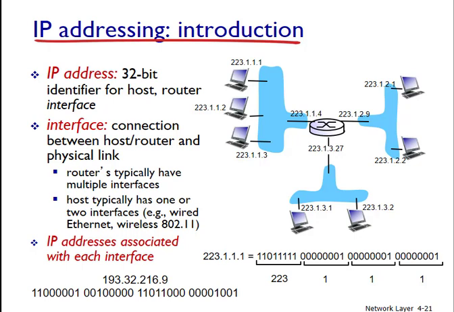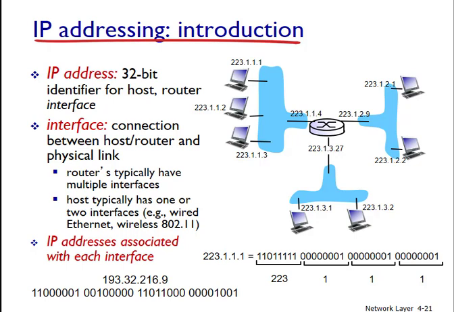For example, in the IP address 193.32.216.9, the 193 is the decimal equivalent of the first 8 bits of the address, the 32 is the decimal equivalent of the second 8 bits of the address, and so on.